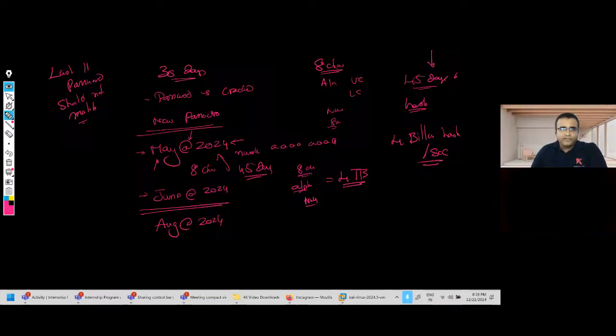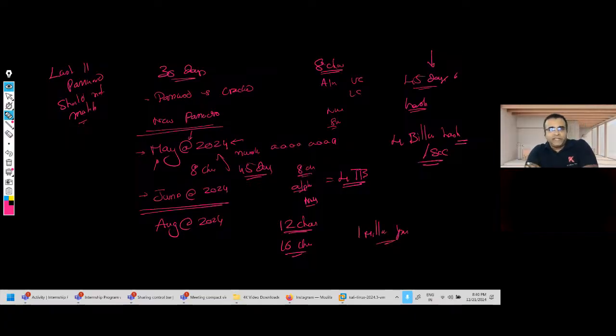Keep it long, right? If it goes to a 12-character password or a 16-character password, even if I'm cracking 4 billion hashes per second, I think it will take 1,000,000 years to crack it with the current computational speed. I'm not talking about quantum computers. Quantum computers are going to break it, I think so.